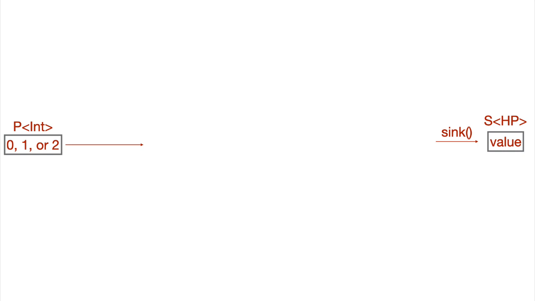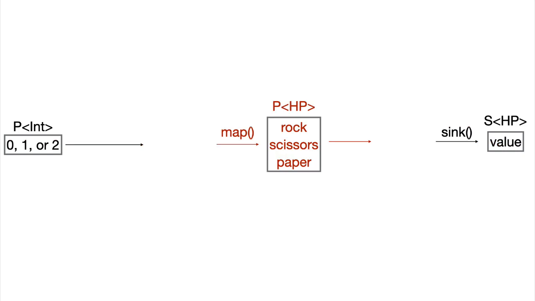And on the right side, we want to subscribe to a hand position, a rock, paper, scissors, and assign that to a value. And so I've got a publisher on the left side, and I sink that into a subscriber on the right side, but the types don't match up. So in between the publisher of an int and the subscriber that wants a hand position, we need to convert these, and we use a map to do that.